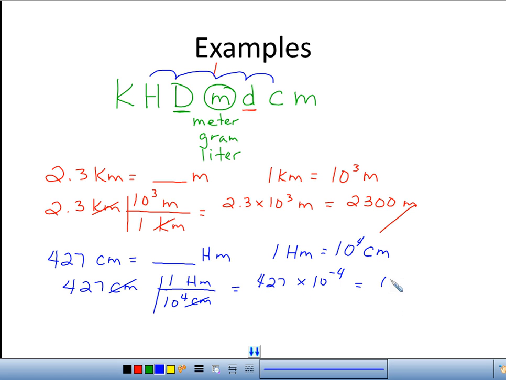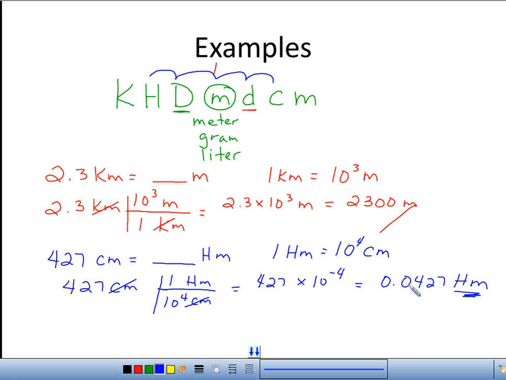So that would be 0.0427 hectometers. Alright, make sure you put units on everything so that we know exactly what your answer is.